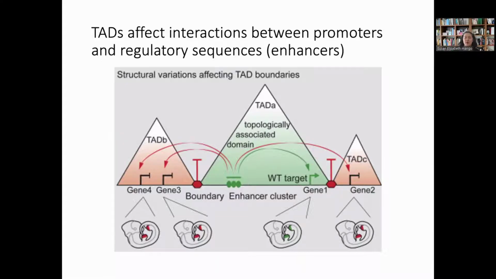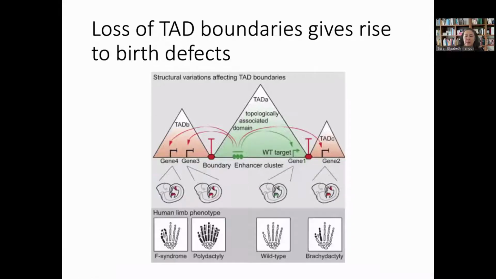So researchers wanted to know, are these boundaries really important for regulation? They knew that the genes were important for making digits. And so they knew that there were different kinds of syndromes associated when these different genes are disrupted. And so you can see some of this here.